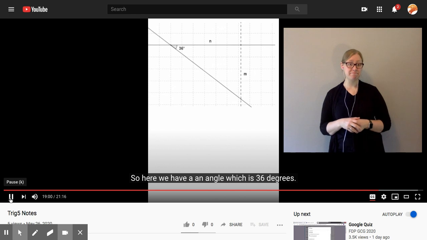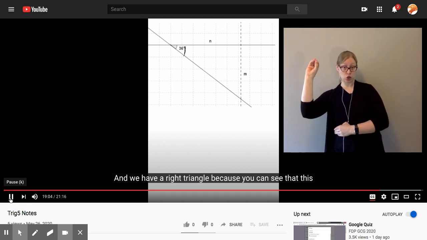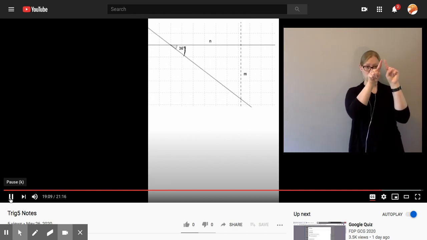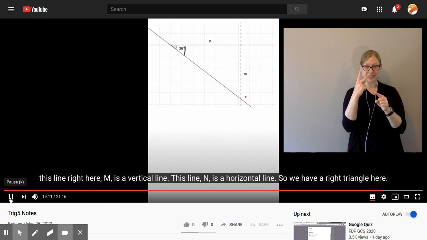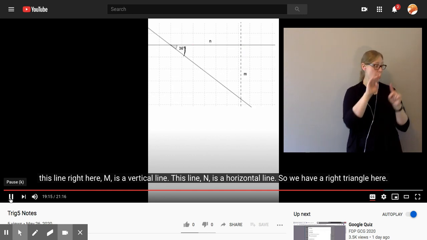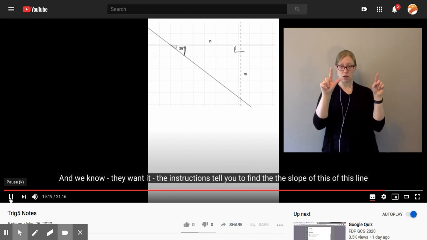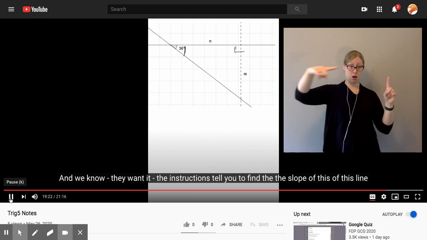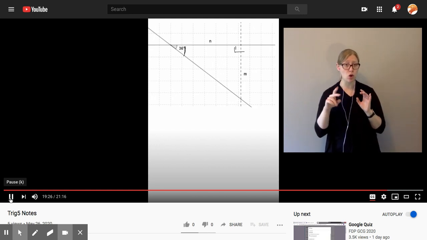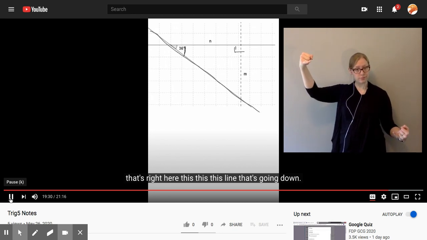So here we have an angle which is 36 degrees, and we have a right triangle because you can see that this line right here, M, is a vertical line. This line N is a horizontal line. So we have our right triangle here. And the instructions tell you to find the slope of this line that's going down.